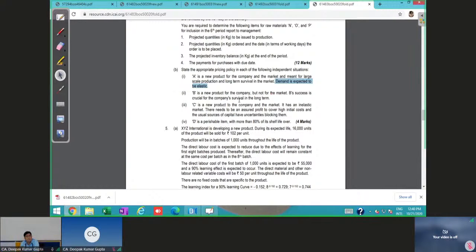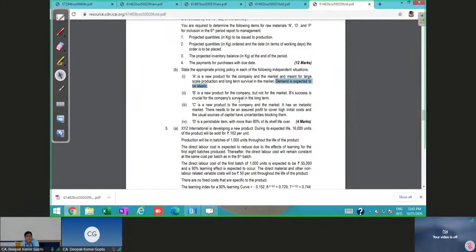It means there is no impact on consumers in setting the price and we have to cover high initial costs.